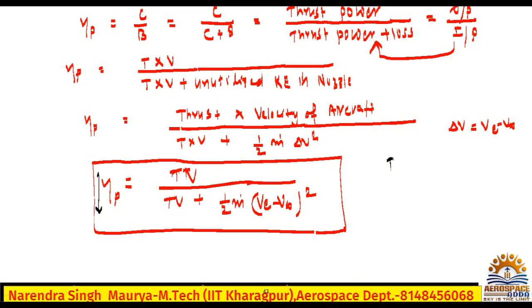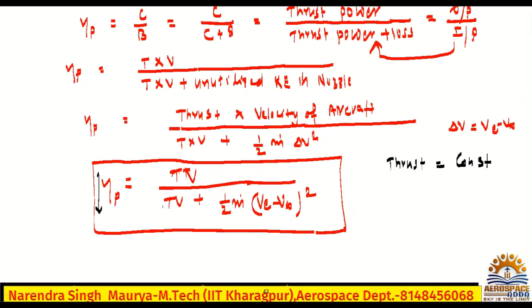They have said thrust is constant. In fact, they said same conditions, that atmospheric condition as well as flow condition will also be included. I mean, velocity will also be constant because they have said same condition. Otherwise, you can say thrust into velocity, both in numerator and denominator, is given and it is constant.